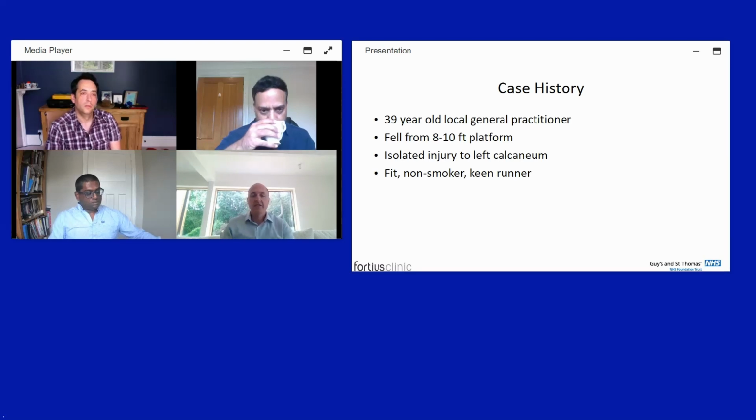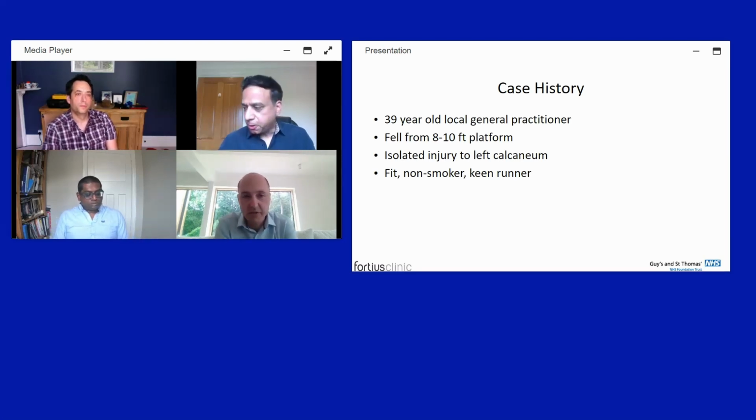So the case history here, this patient was a 39-year-old gentleman. He was actually a local family doctor, general practitioner, and he'd been enjoying himself at the Notting Hill Carnival, which is a big street festival in North London, and was dancing on a podium with some friends, and unfortunately got knocked off this podium and fell from an 8 to 10 foot platform, landing on the tarmac.